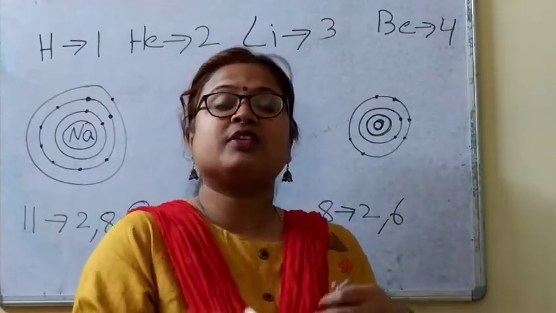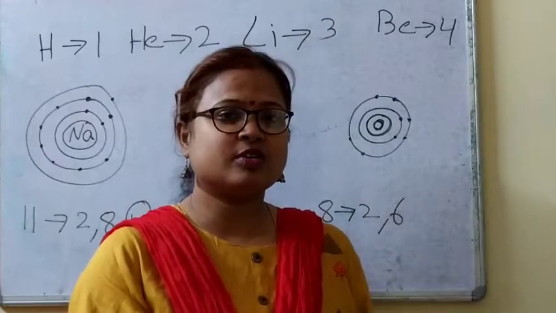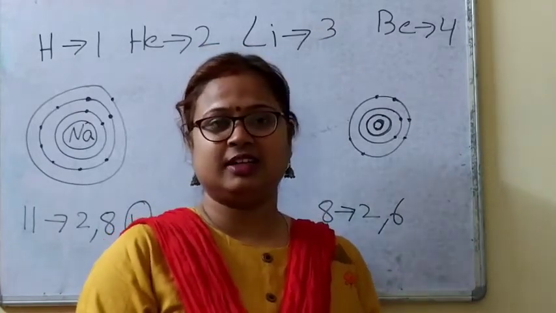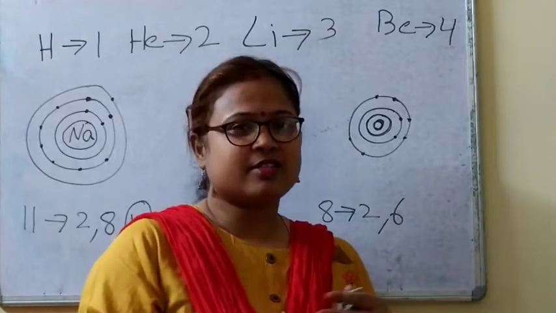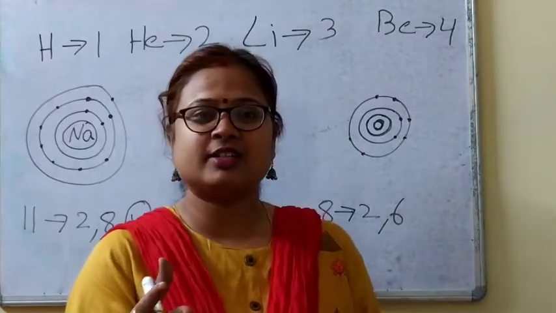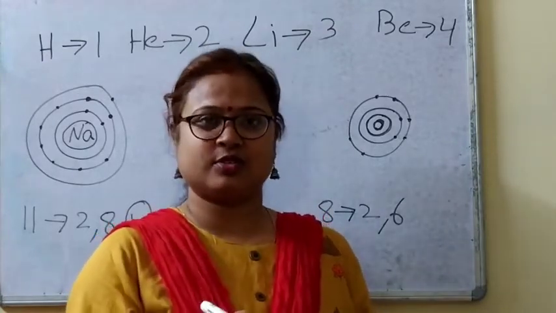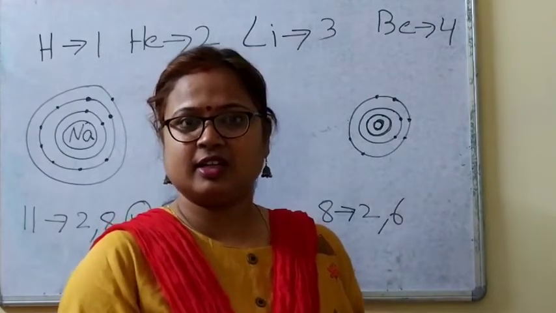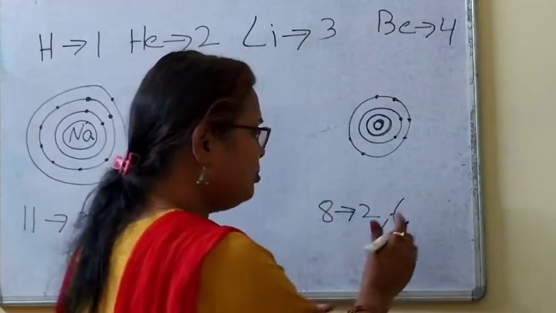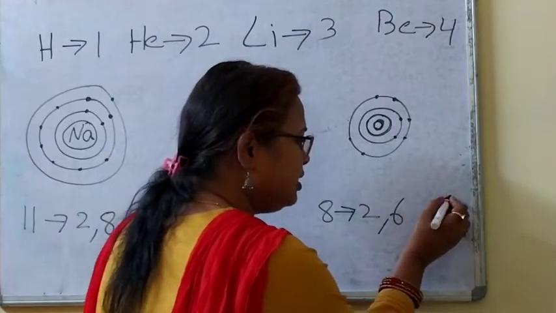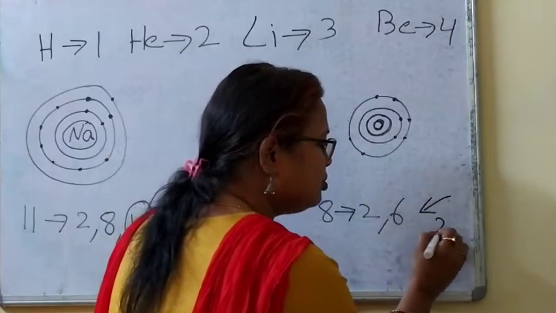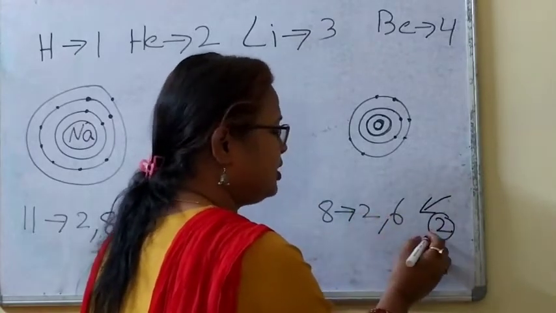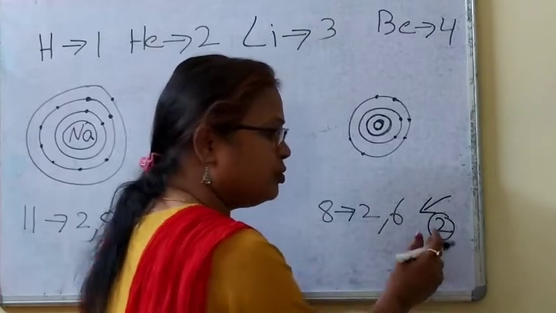So instead of giving 6 electrons, oxygen takes 2 electrons from the other element. Yes, by coaxing and persuading the other element, it takes 2 electrons, and so oxygen gets 8 electrons in its orbit. Means oxygen is taking 2 electrons, and so the valency of oxygen is 2.